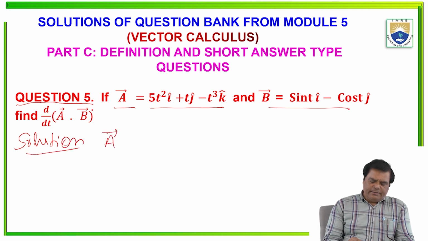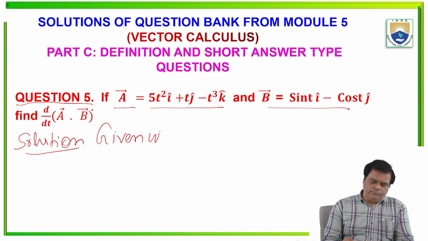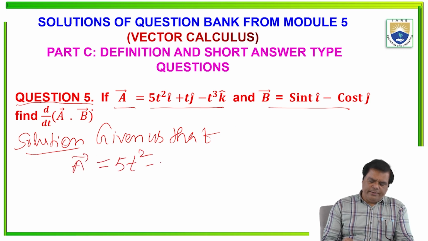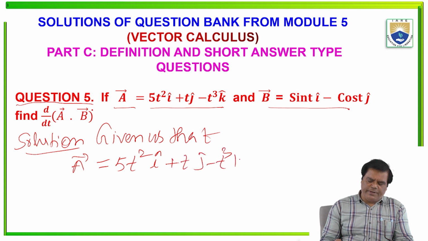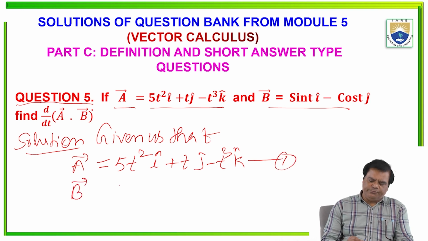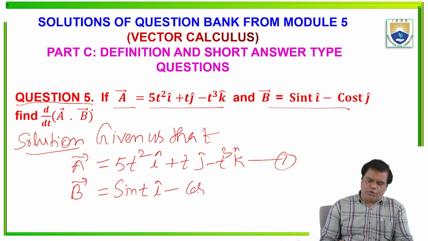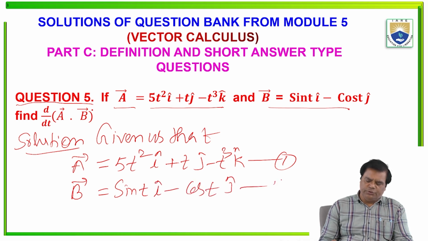A vector is given as 5t² i plus t j minus t³ k. This is equation 1. B vector is sin t i minus cos t j. This is equation 2.